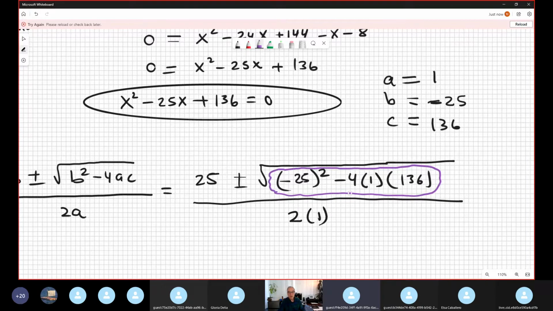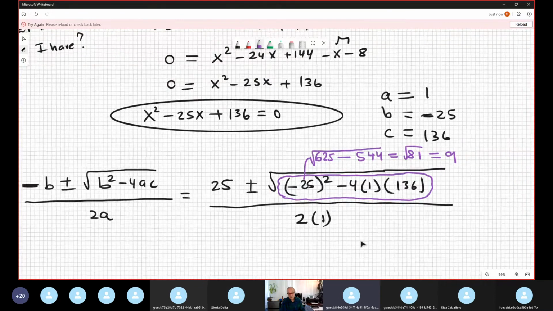Computing, negative 25 squared is 625, minus the multiplication: 4 times 1 is 4, times 136 is 544. Subtraction now, 81. The square root now, 9.